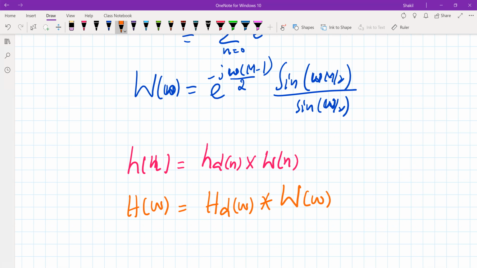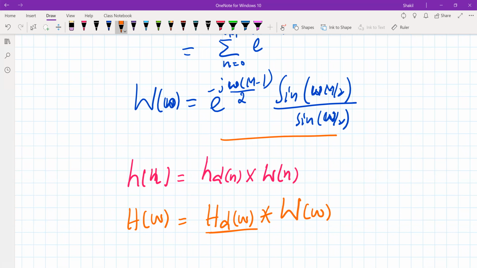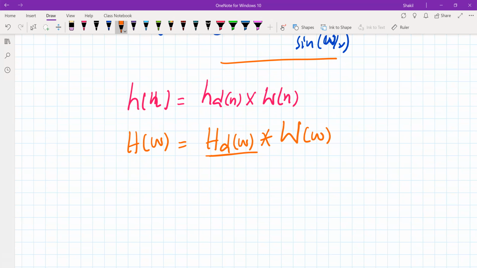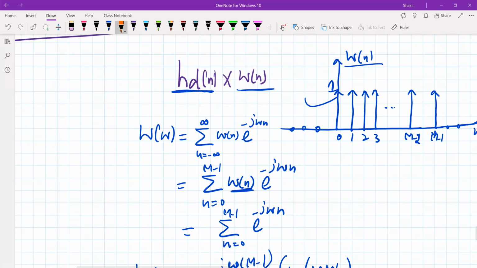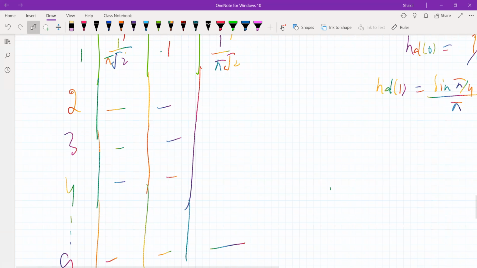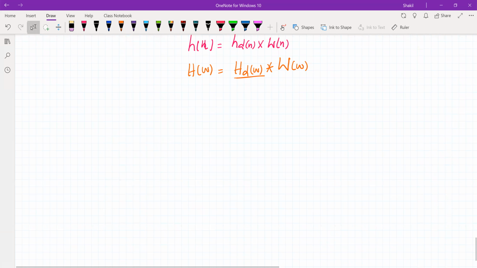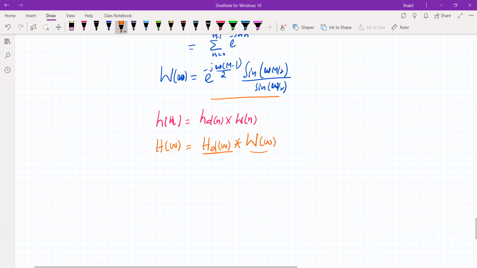You are convolving this function with the desired response, which will be given to us. So this is one type of window, and this is the frequency response of that window. So in the frequency domain, you are convolving it.